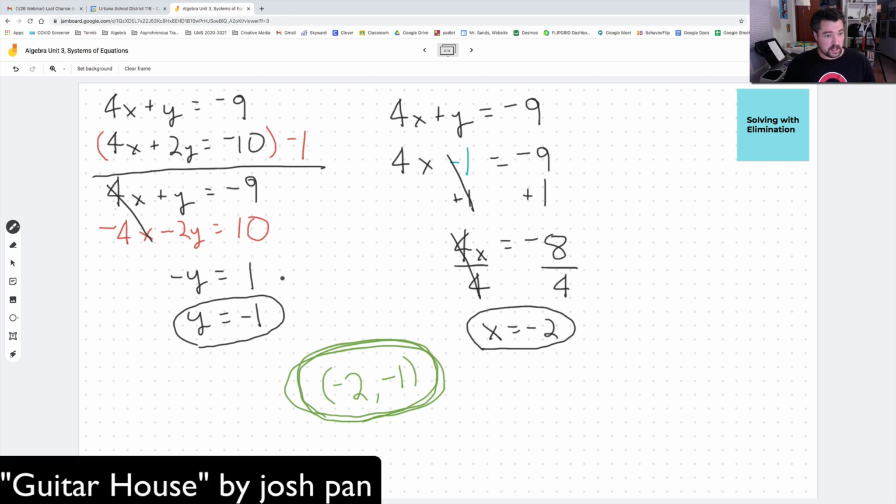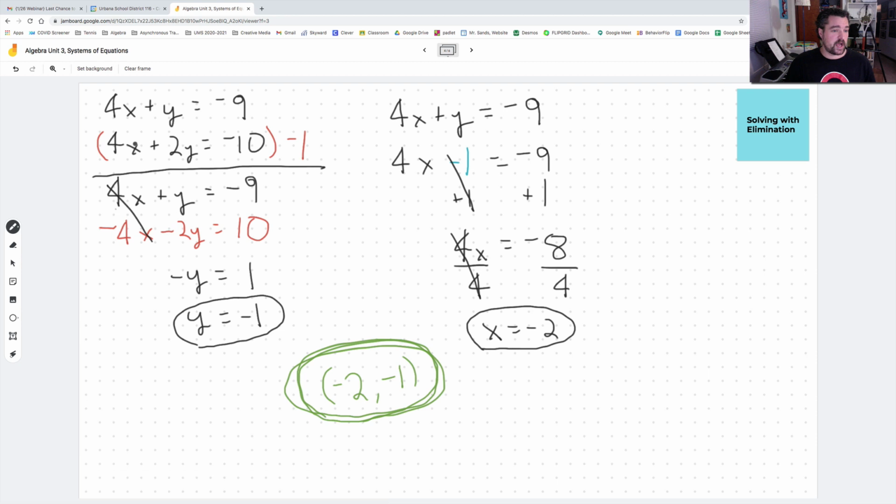We did this one in class, where we have 4x plus y equals negative 9 and 4x plus 2y equals negative 10. What I did for that one was take negative 1, multiply it by the 4x here, take negative 1, multiply it by the 2y, take negative 1, multiply by the negative 10. So when I do that, I get a negative 4x, a negative 2y, and a positive 10.